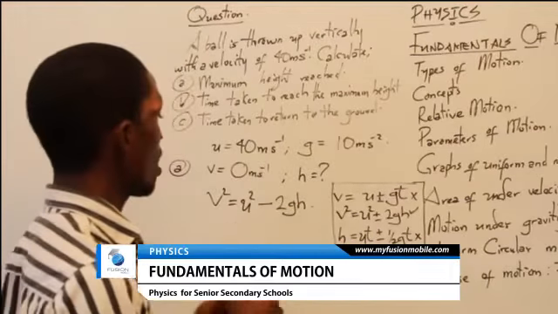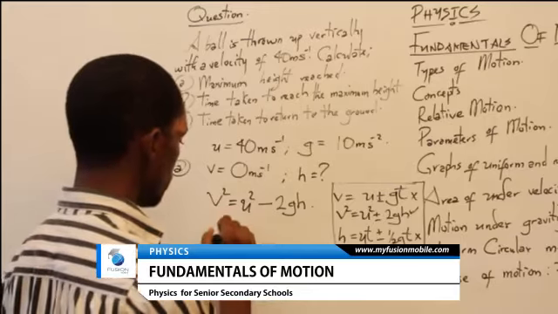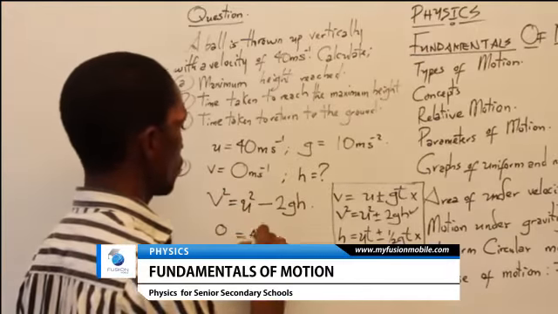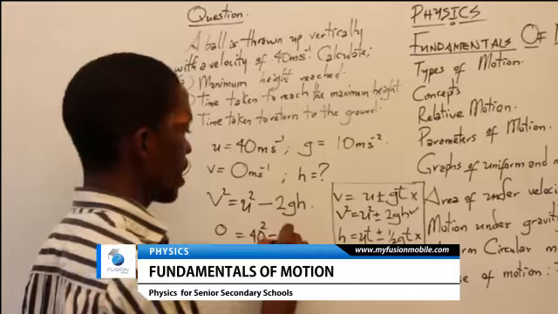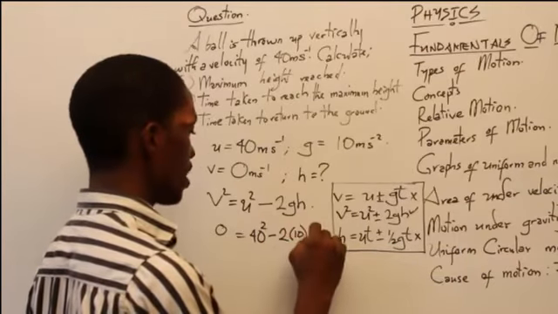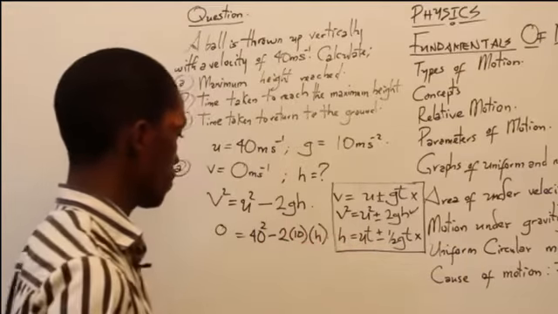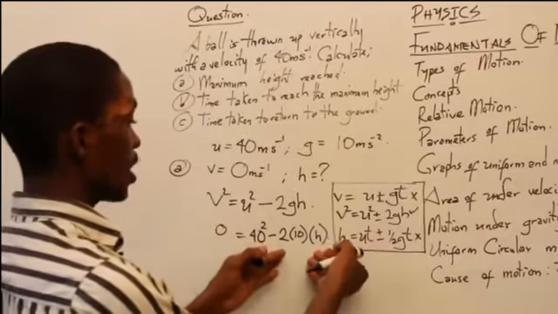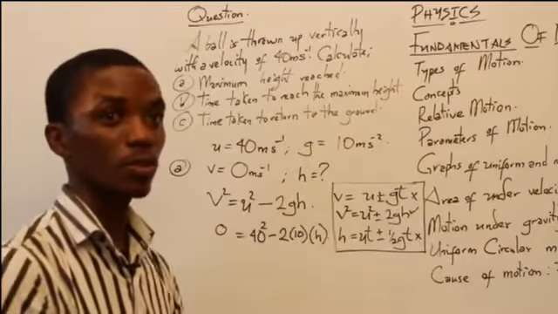So our v squared equals 0. Our u is 40 squared minus 2 into bracket 10 multiplied by h. Well, you can take the whole expression to the other side, so we can just solve.